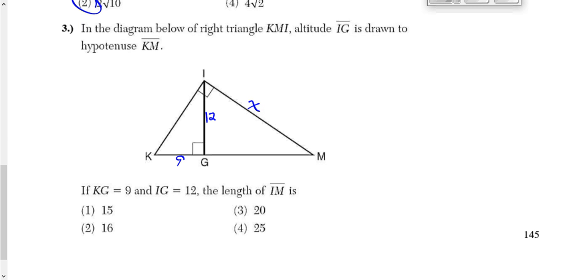If we ultimately want to find the length of this segment over here, we're missing something. What is it that we're missing? This segment here. So maybe we need another variable. Y? Let's put a y in here. So if we can figure out what y is, I think we can then use that number to go get our x.